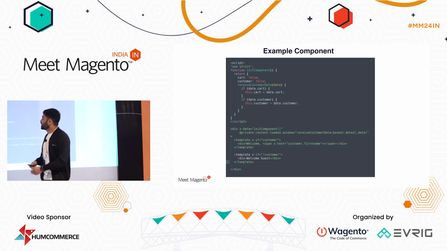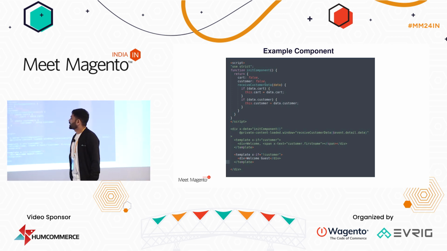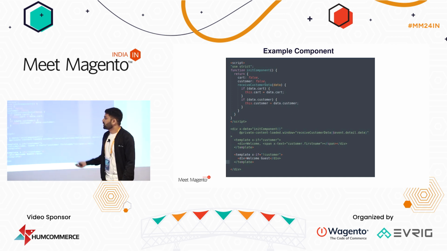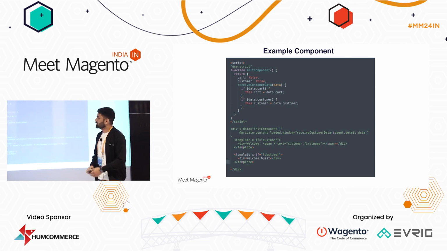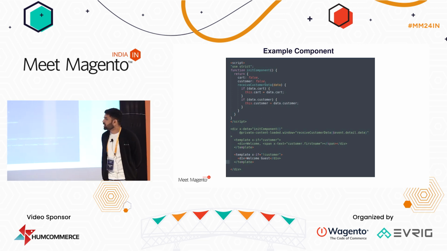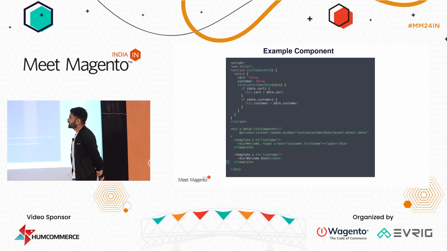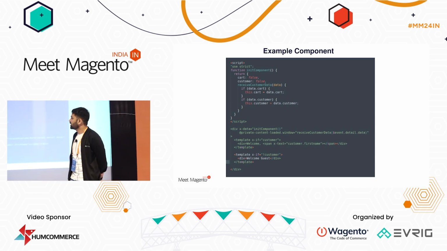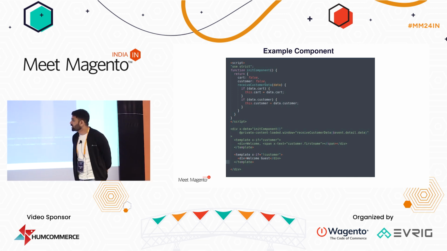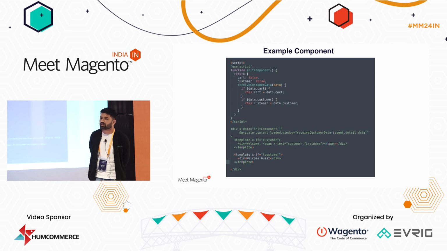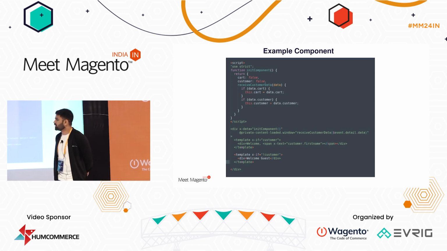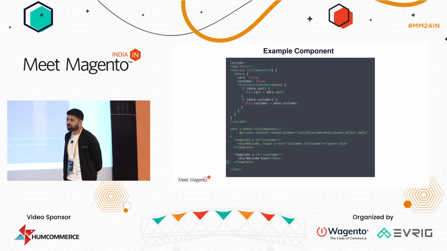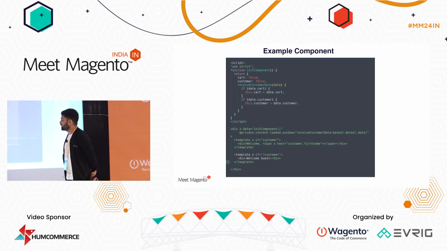So whenever this event triggers, we receive the customer section data. If the data has the cart, then we assign the cart data into a variable that we initially created as false. So when we get cart data, we update the cart variable, and in the next function I have used customer: if we have the customer data in our content, then we assign that data to the customer variable, and we will simply show those data.